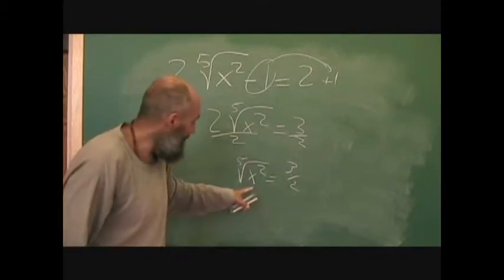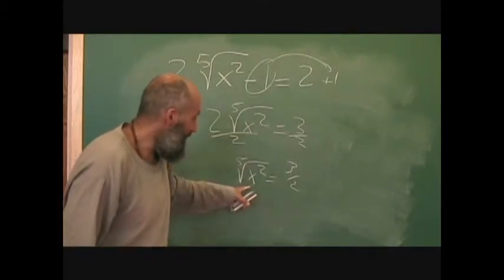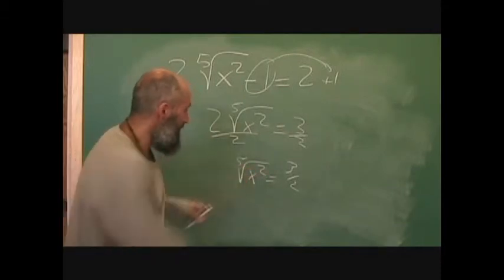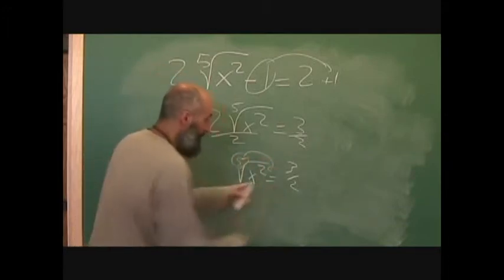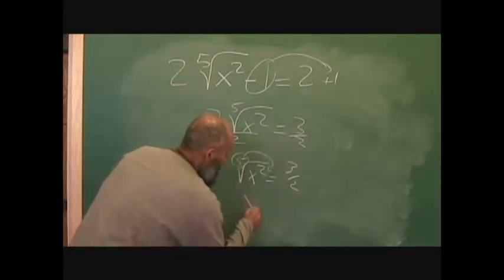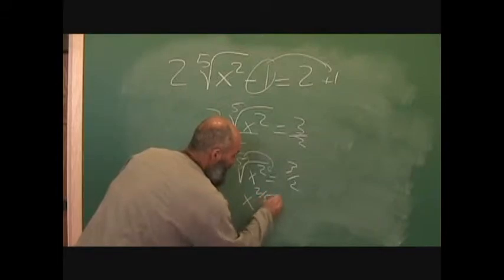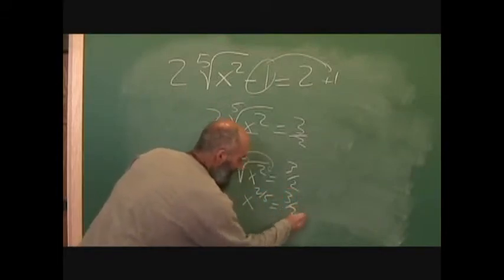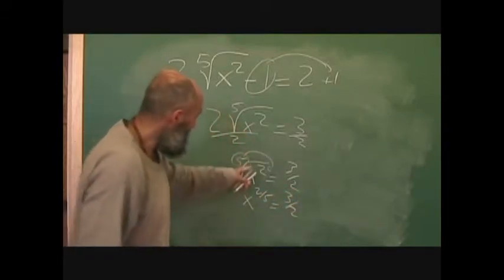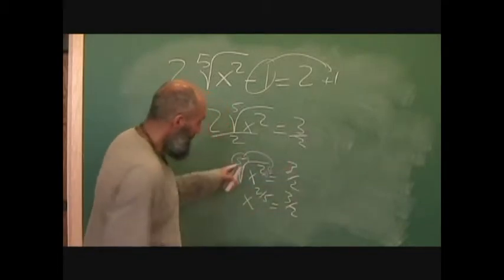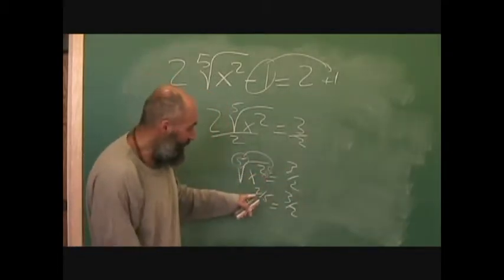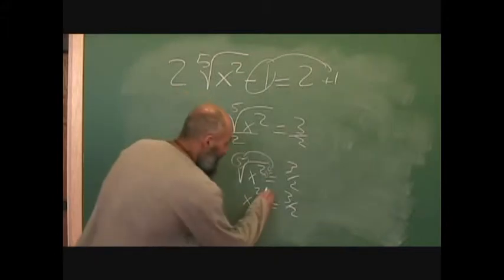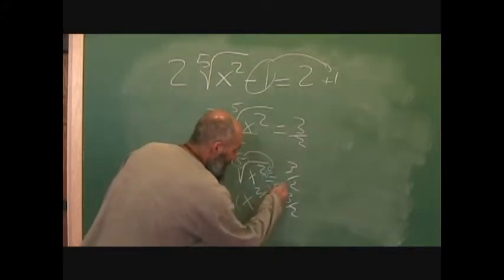And now you want to get the x by itself. And if you remember, you take the 5 and you write it as an exponent here. So this becomes x to the power of 2 over 5 is equal to 3 over 2. Right? Because this goes in the denominator of the exponent. And to do the opposite of this, all you do, you take this to the power of 5 over 2.